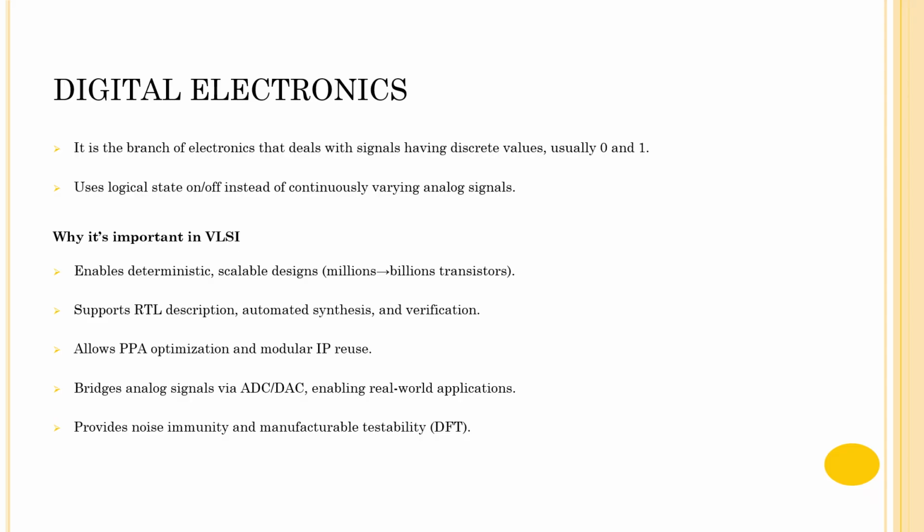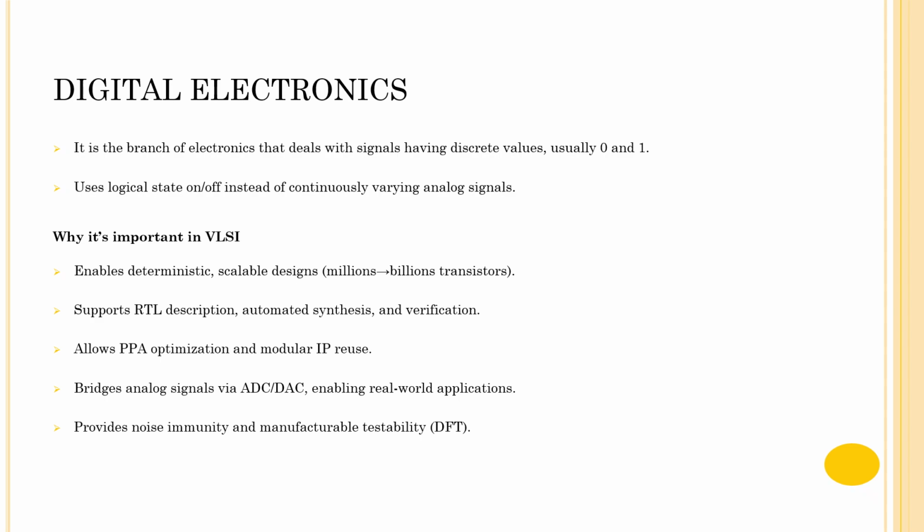So, digital electronics is the branch of electronics that deals with signals having discrete values, usually 0 and 1. Unlike analog systems where voltages vary continuously, in digital circuits, we use logical states, either on or off, to represent and process information.